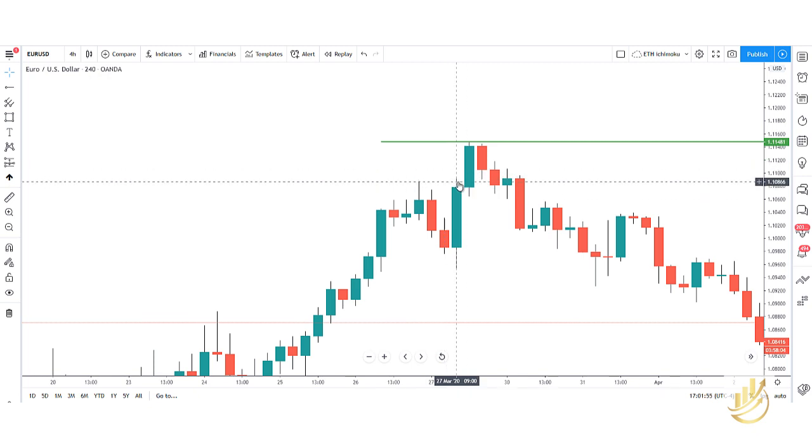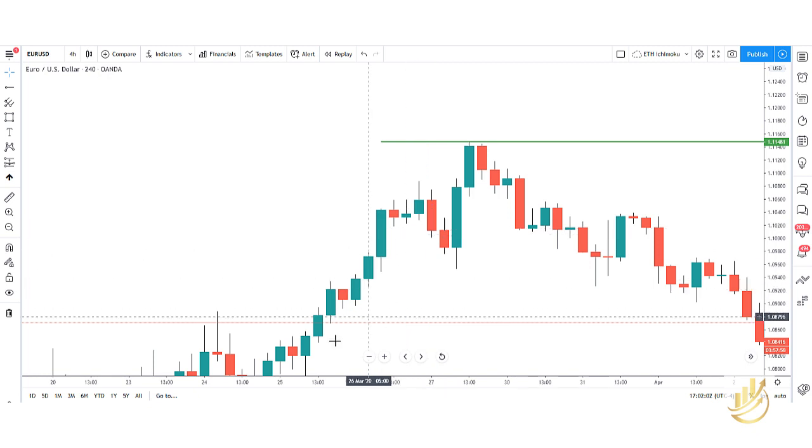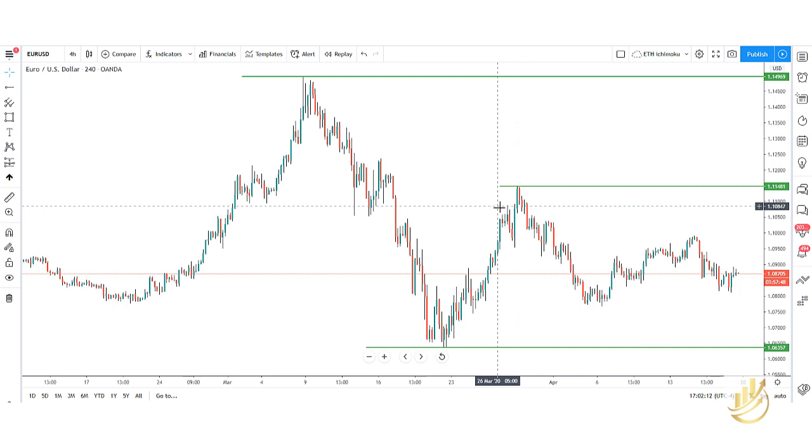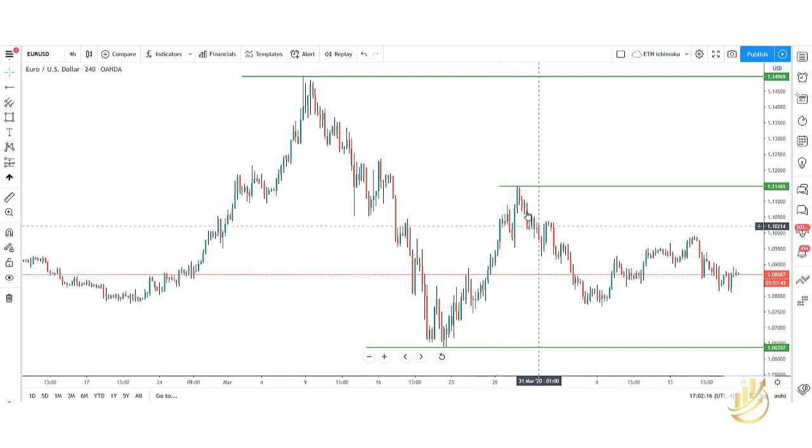These types of price action we always have to look at very carefully. So we have an impulse move, then some indecision here, then price did go down, but after hitting a few stop losses, which is okay.